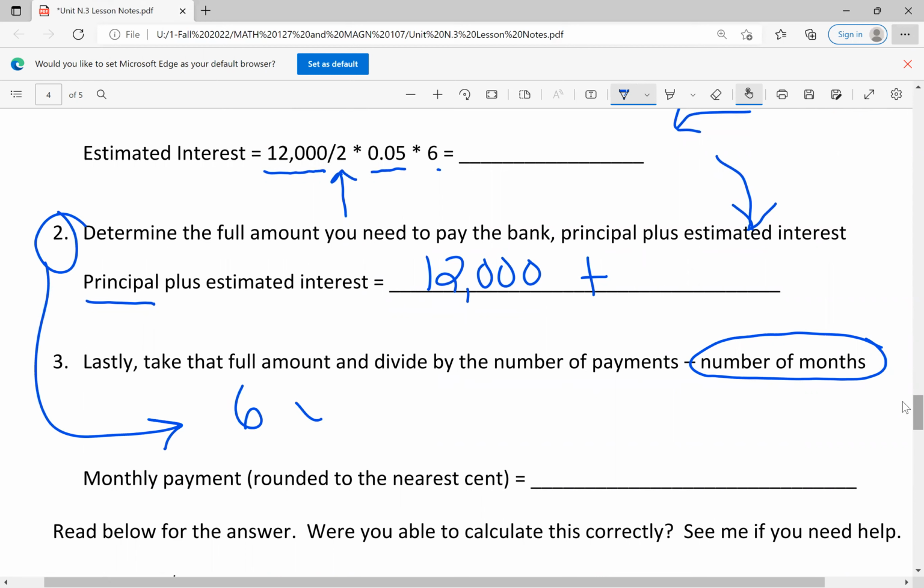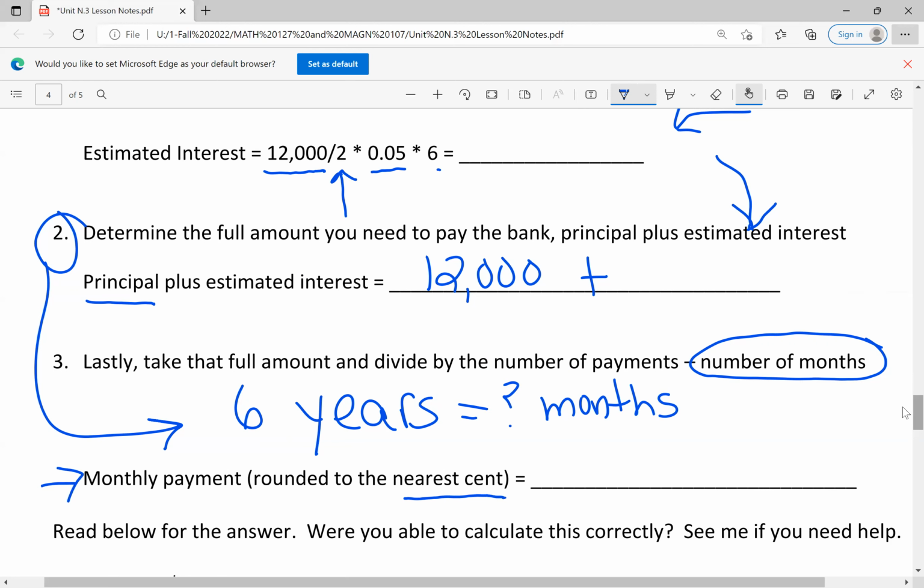Now, that's something, again, I want you to be able to do. 6 years is equal to how many months? So you need to determine that in order to find your monthly payment. Make sure you round to the nearest cent.